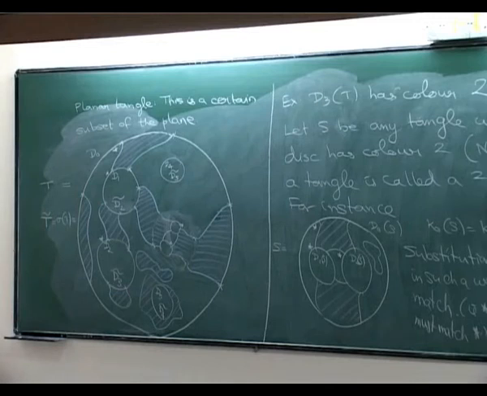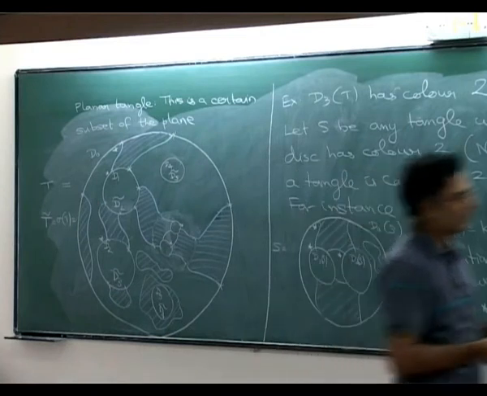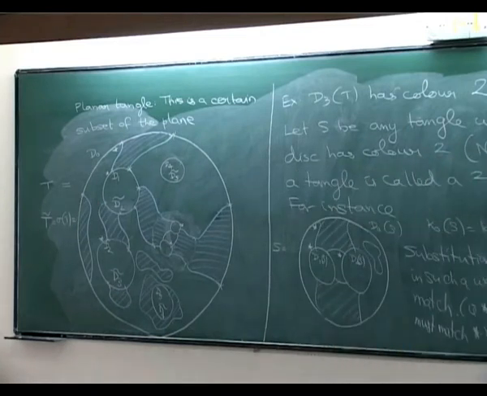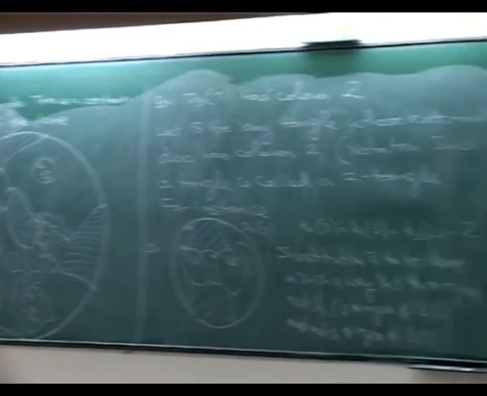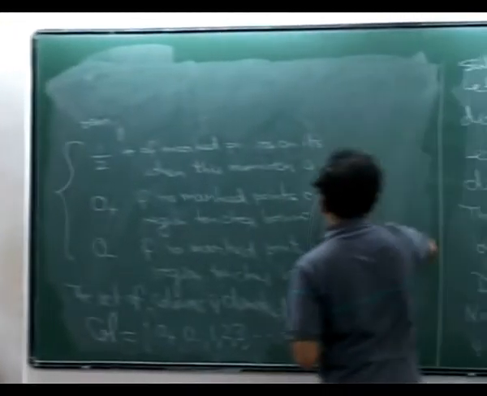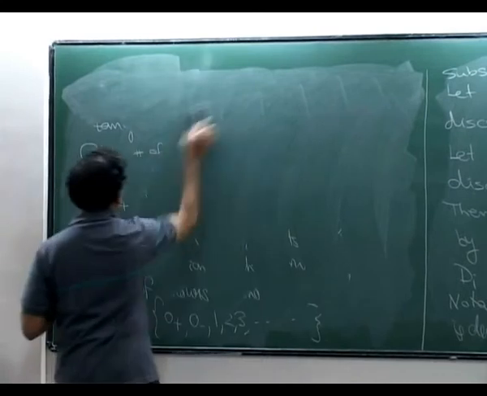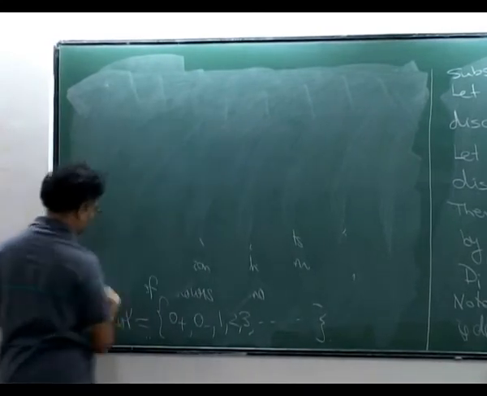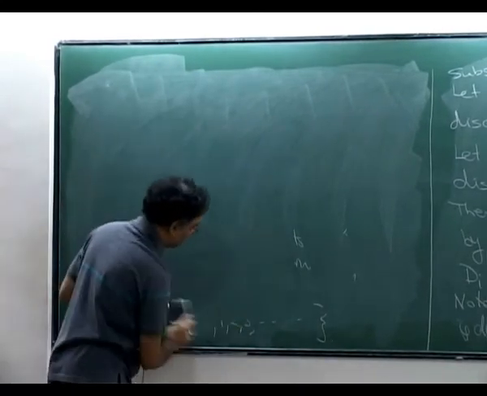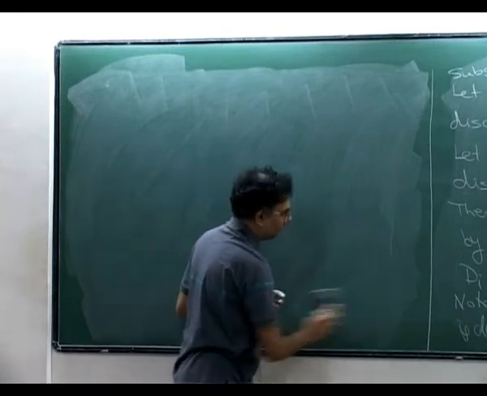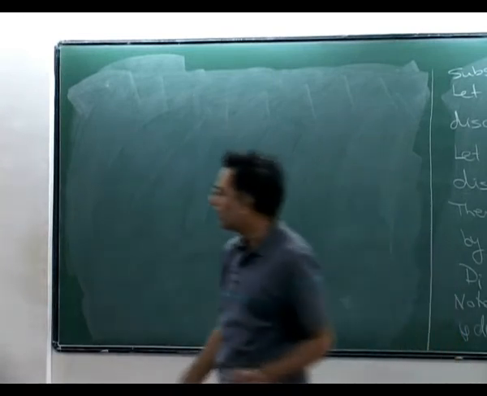And for this tangle, you have to number the disks. We have not quite produced a tangle yet, we have just produced one picture. To make it a tangle, I still have to specify how the numbering is to be done, so I'll do that over here. How is this tangle supposed to be numbered?